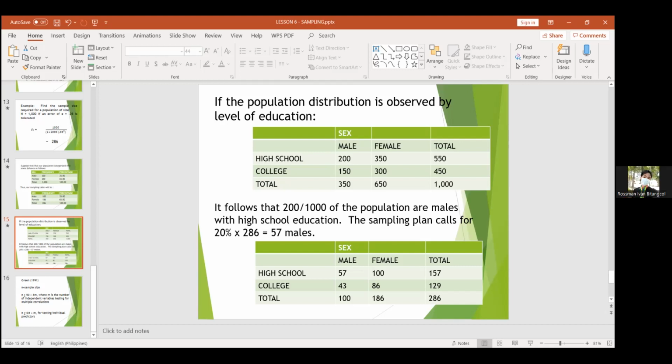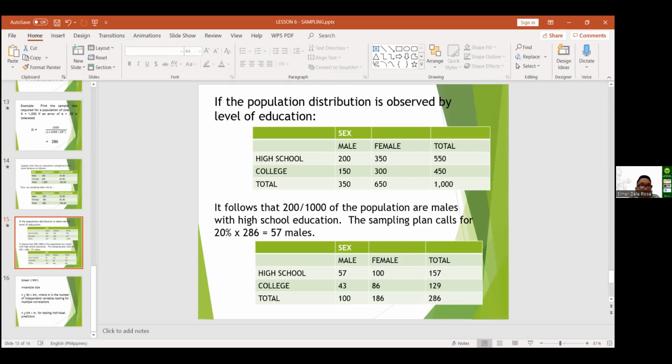Malinaw naman, ano? Klaro? Yes. Gian, okay na po. Si Sir Adrian. Adrian, ayos naman po, sir. Okay. Nothing mathematical pa naman, di ba? Ano lang to? Divide lang, multiply lang naman tayo, di ba?